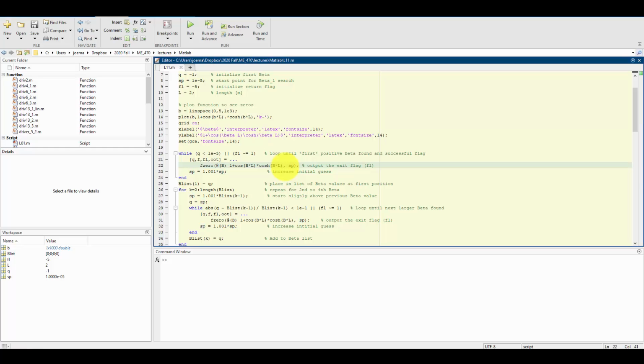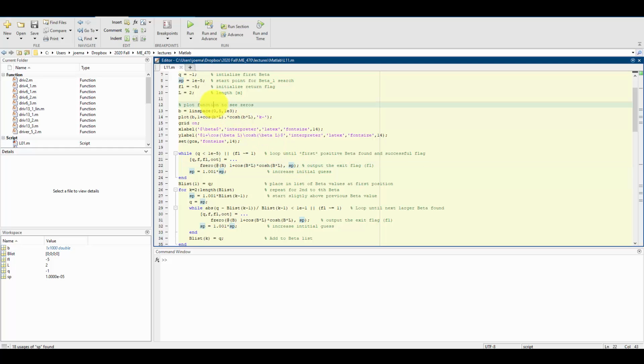I know there's an infinite number of roots to this equation. So the tricky part is I need to find them in order from lowest to highest, and make sure I don't lose any along the way. So this start point is a crucial factor to making sure that, as I increase my values of beta, I haven't accidentally skipped one.